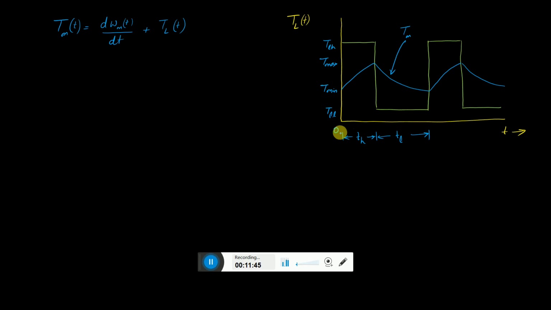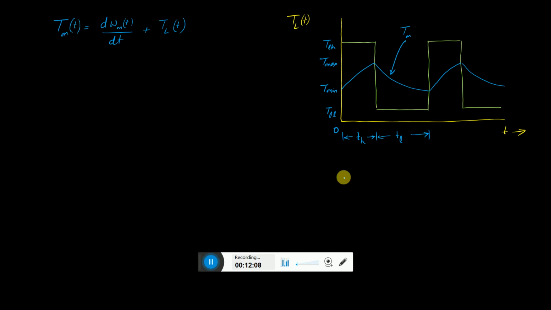For a particular time 0 to th, this TL(t) will be equal to TLH. Now we have an odd term over here, that is d omega m by dt. We would like to convert this d omega m by dt into dTm by dt.